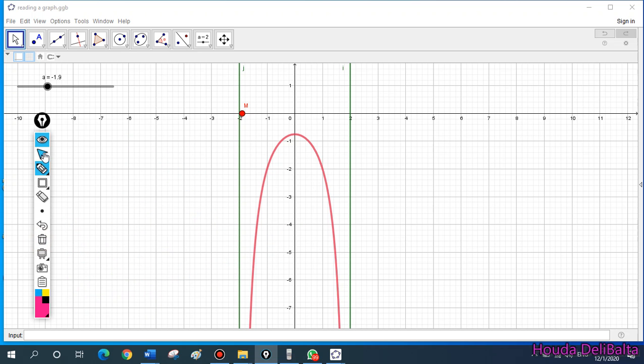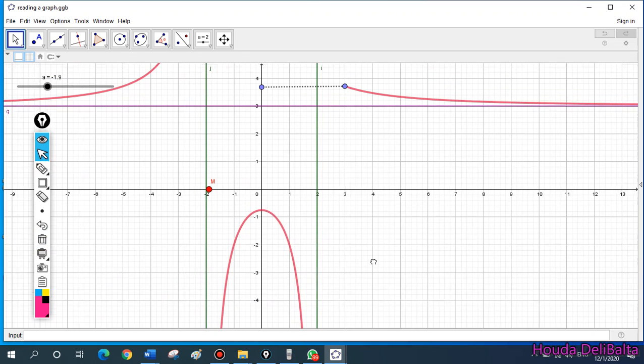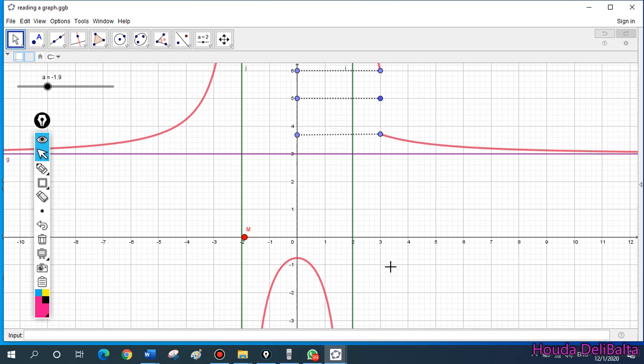Similarly for the second asymptote, so we are going to talk about it in brief. Similarly for the other vertical asymptote, which is at 2. Again, let's move the slider. It's approaching 2 from the left side, so it's like 1.8, 1.2. So as x approaches 2 from the left side, what's happening to the curve?